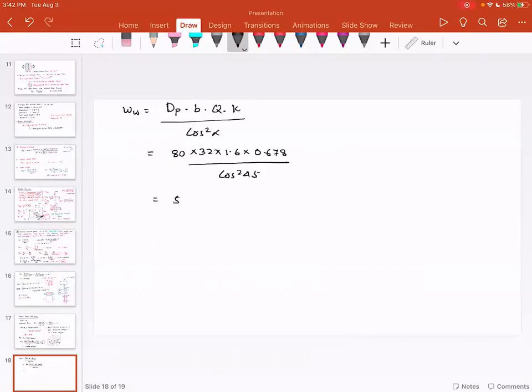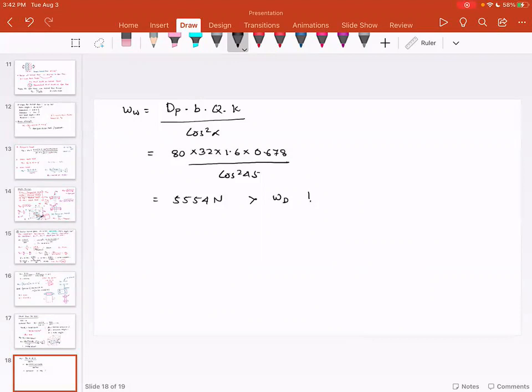And WW is 5554 Newton, and this is greater than WD. So with this, we should be able to make a statement that the design is safe.